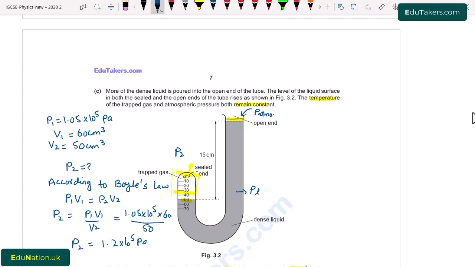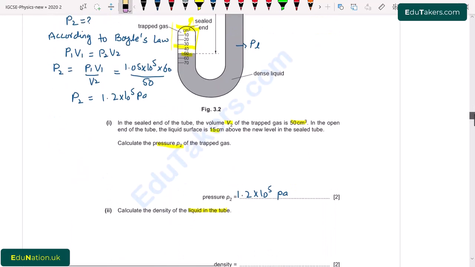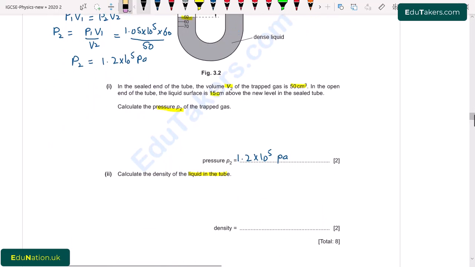So I can say that P2 is equal to the pressure of liquid plus atmospheric pressure.